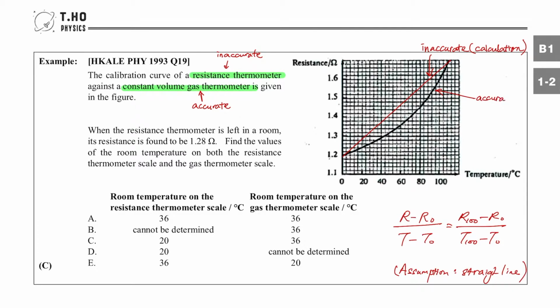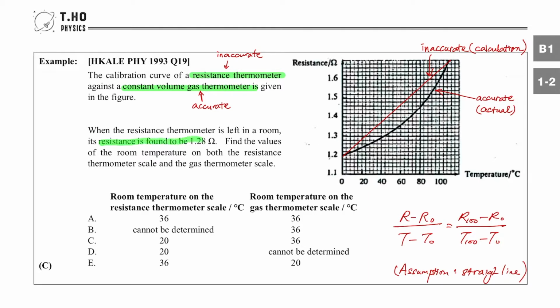On the other hand, the line given in black is the accurate variation of resistance versus the temperature. So this is the actual variation.